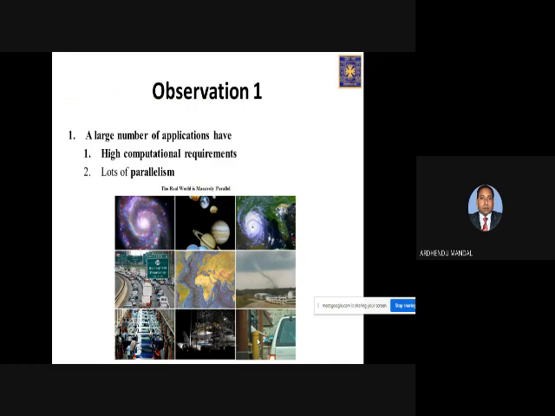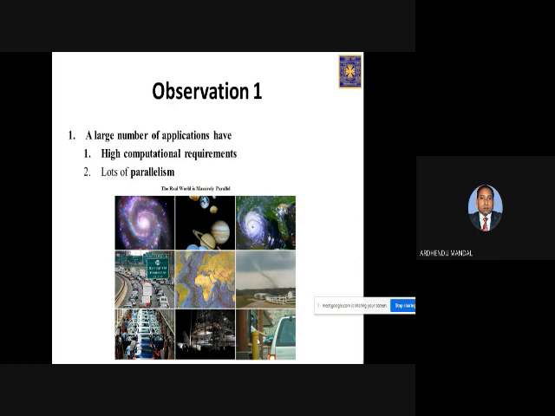So what we have seen so far is that we have a large number of applications that require huge computational power to find solutions, which are beyond the capability of present desktop or laptop computers, whatever we have in our laboratories in general.